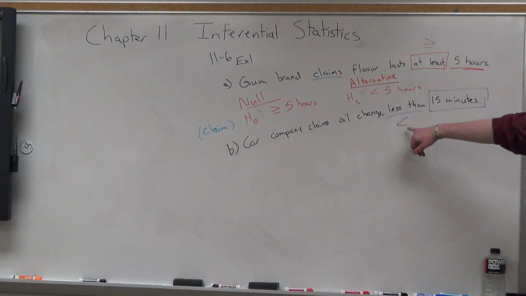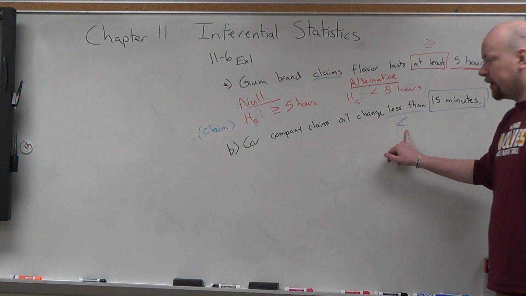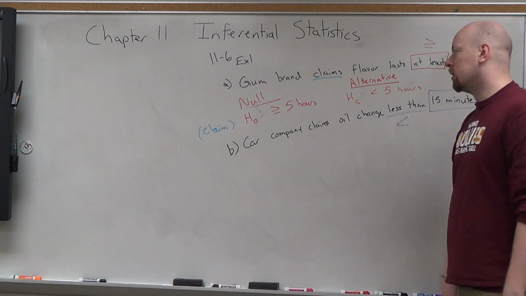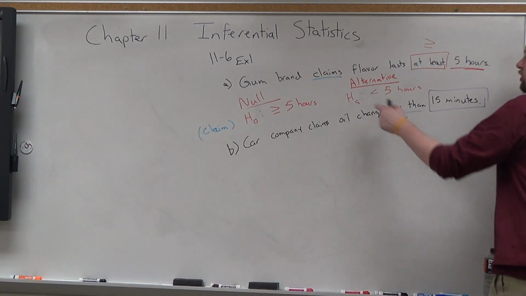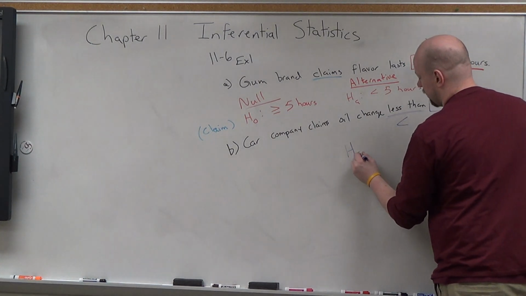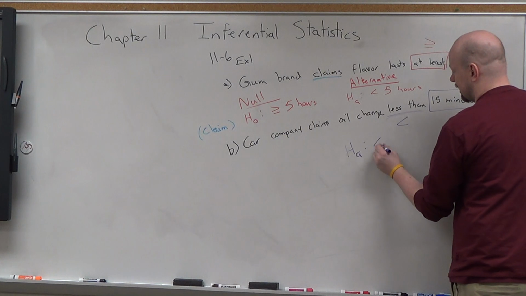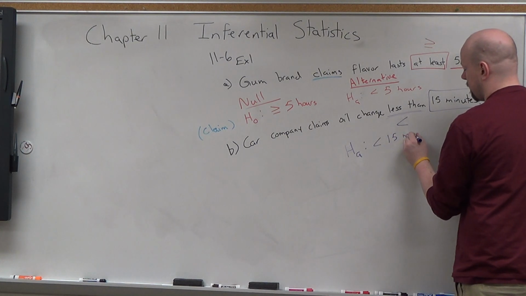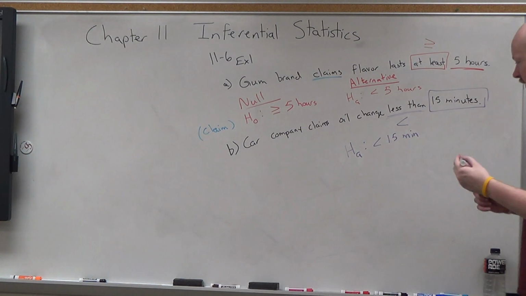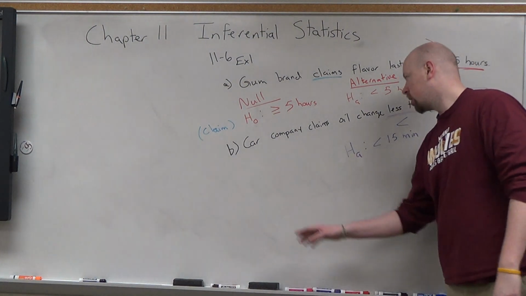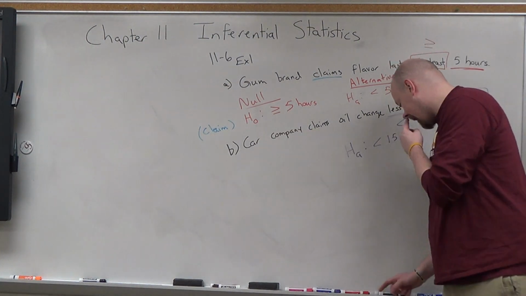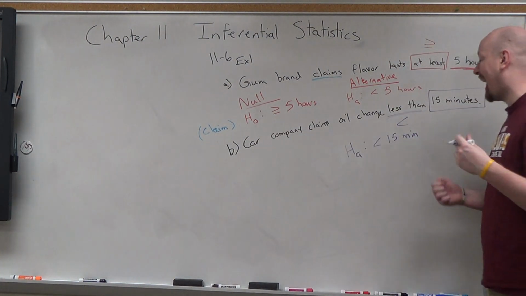Well, does this have an equal to sign attached to it? No. So it has to be my alternative hypothesis. It would be less than 15 minutes. And then just inversely, my null hypothesis has to be everything else.